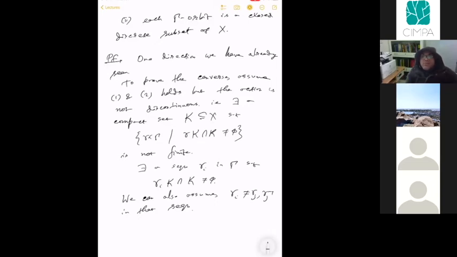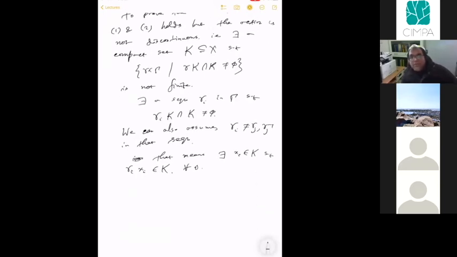Okay, so what does it mean? Okay, so that means there exists x_i in K such that gamma i x_i is in K. This is true for all i. So for each i, you are getting an element from the compact set and you are getting an element from the corresponding orbit.